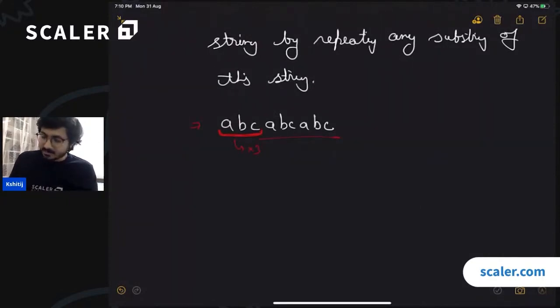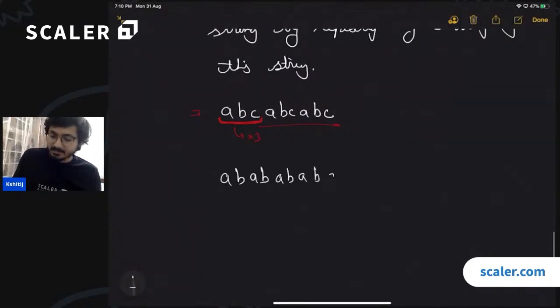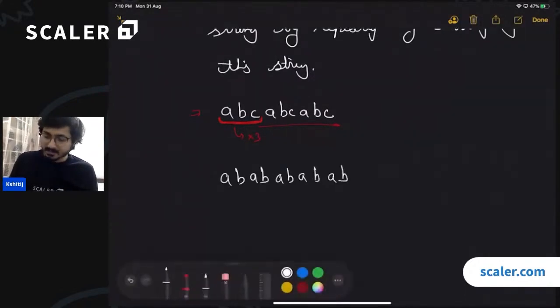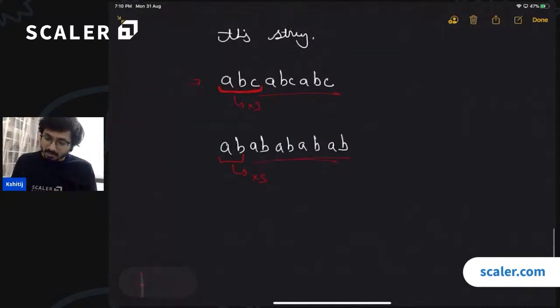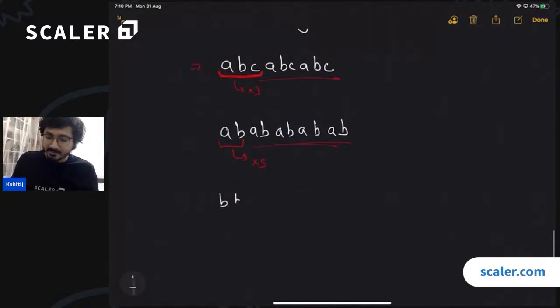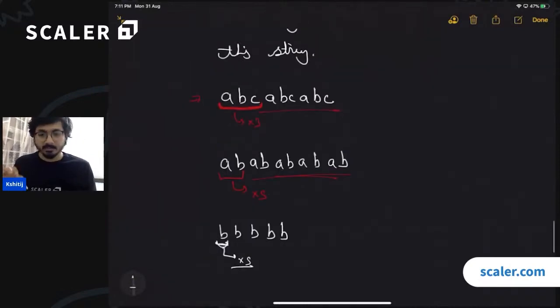Another example could be AB, AB, AB, AB, AB, right? In this case, you can just repeat AB 5 times and you get the original string, right? Or you can also have something like, let's say, B, B, B, B, B, B, B. In this case, you can just repeat this substring of size 1 again 5 times and you get the original string. Okay. Is the problem clear to everyone?